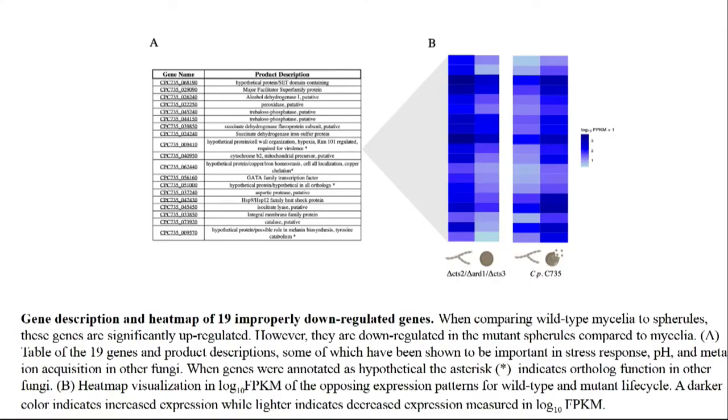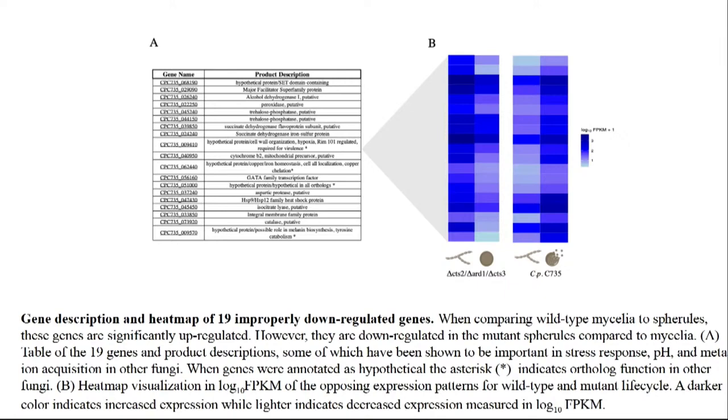So another thing that we can look at is a group of genes that are improperly downregulated in the mutant. We discovered about 19 downregulated genes. On the left-hand side in panel B, we are looking at the expression profile for the mutant, and on the right-hand side is the expression profile for the wild type strain.